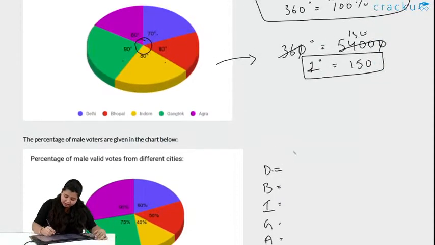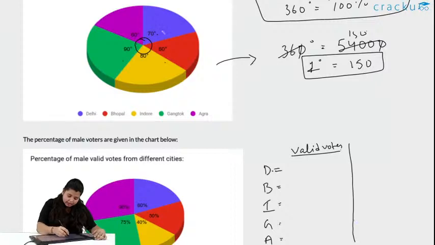So, what is the valid vote? Delhi we have 70 degrees, Bhopal 60 degrees, 80 degrees, 90 degrees and 60 degrees.